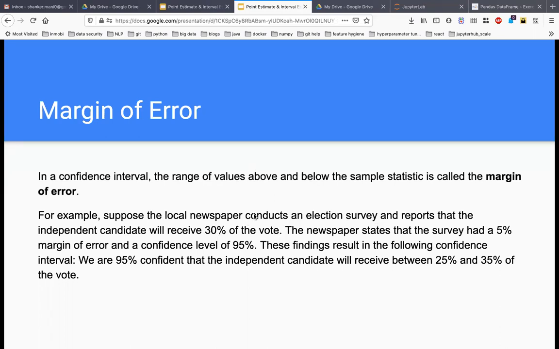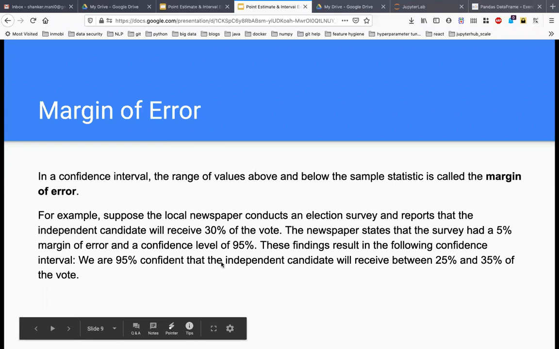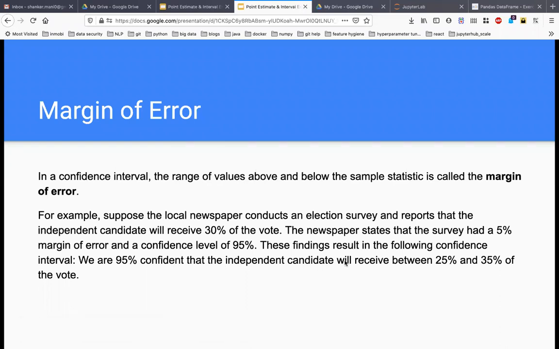The newspaper states that the survey had a 5% margin of error and a confidence level of 95%. So these findings result in the following confidence interval: we are 95% confident that the independent candidate will receive between 25% and 35% of the vote.